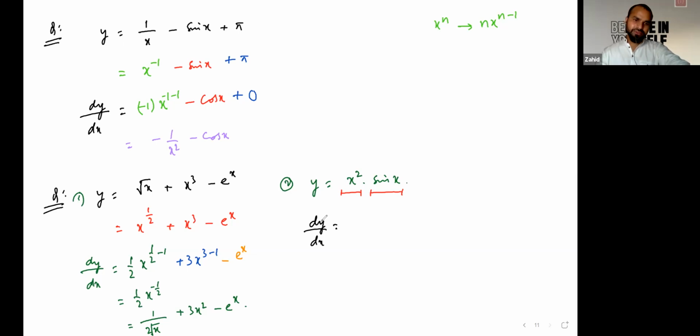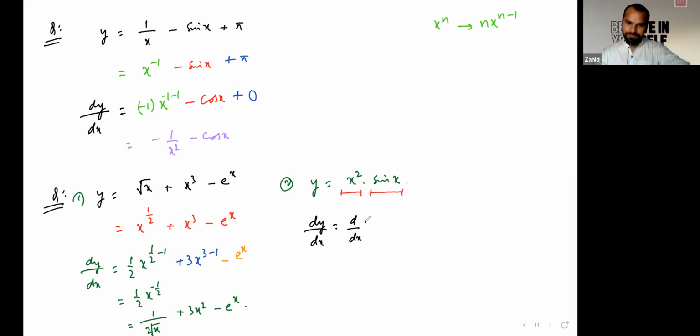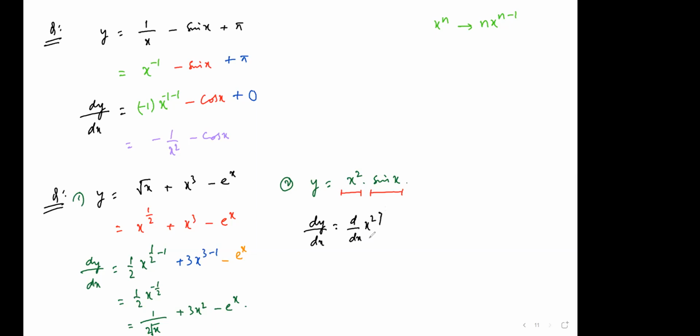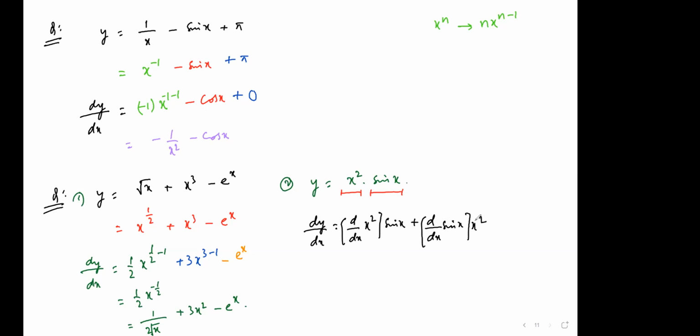It means differentiation of y with respect to x. So we have two different functions which are multiplied by one another. It states: differentiate the first part, that is x squared, and multiply it by the second one, plus differentiate the second part and multiply it by the first one. Okay. Yes, sir.